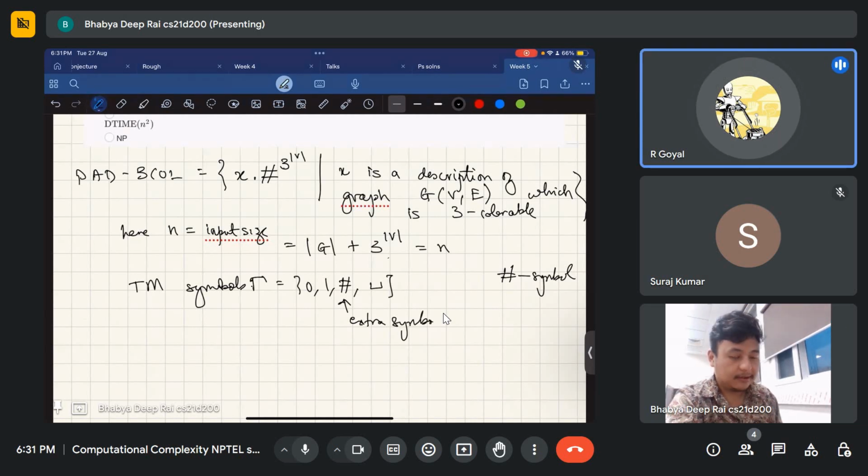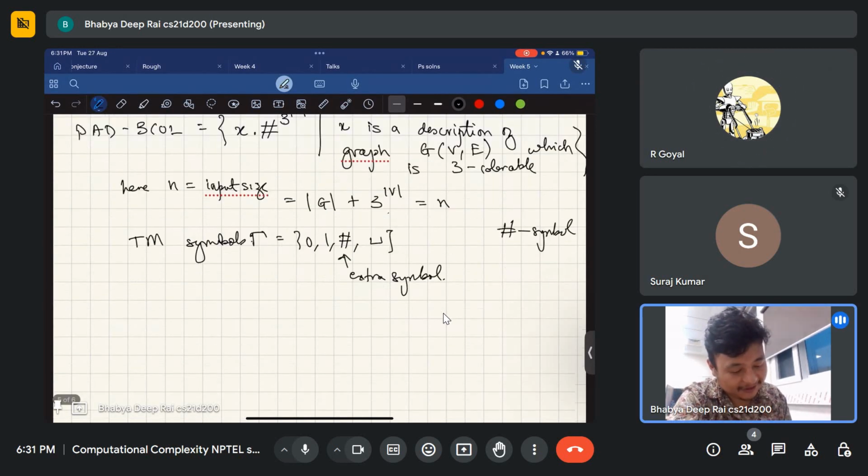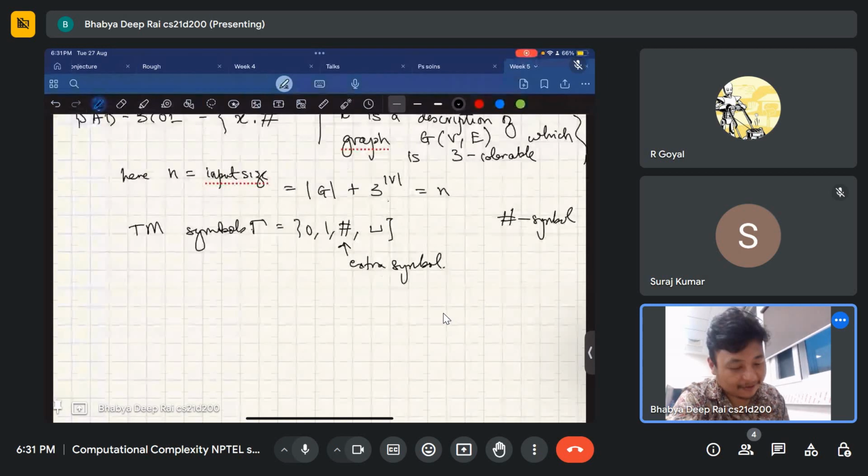And why this 3 raised to the power v, what is the interpretation of this? Oh, this is something from automata theory, where hash to the 5 means 5 times hash.